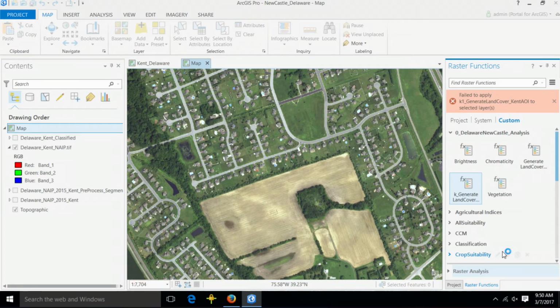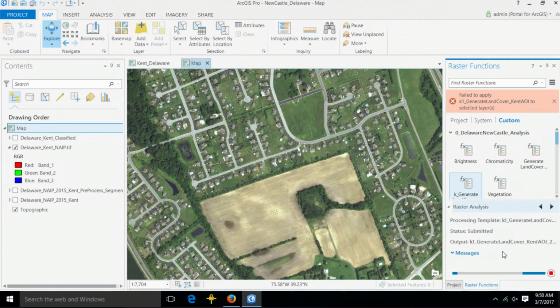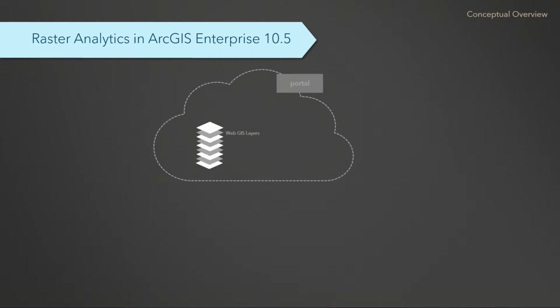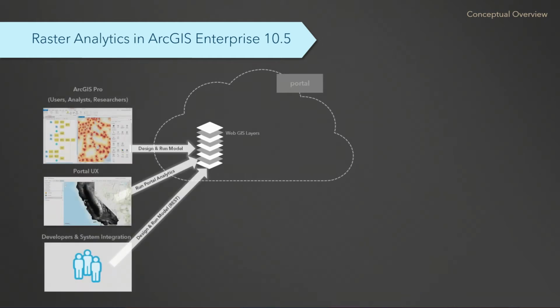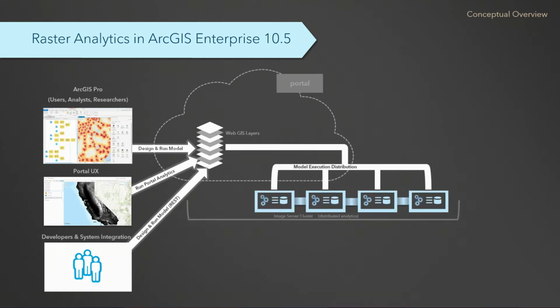This should give you a conceptual overview of what's really happening behind the scenes. I have a set of input WebGIS layers. I use ArcGIS Pro to define, design, or author my raster models, which are then submitted to the enterprise using either ArcGIS Pro, the portal user experience, or developers can do the same using the REST API.